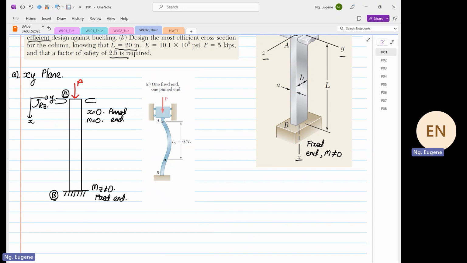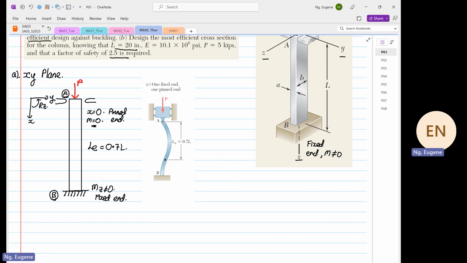Why do we call it pinned? Because moment is equal to 0. So for this case, with reference to the figure that I've attached, the equivalent length is equal to 0.7 L.